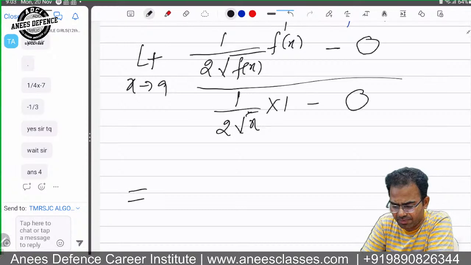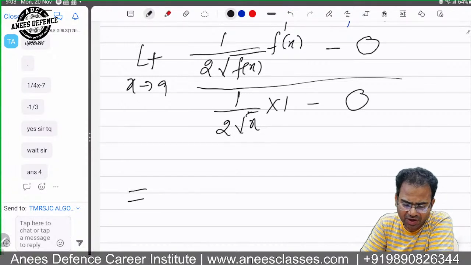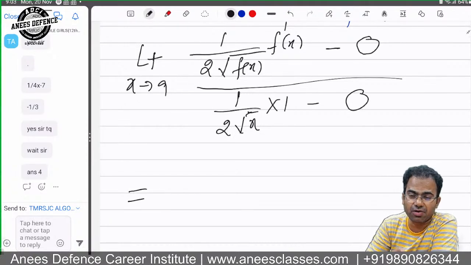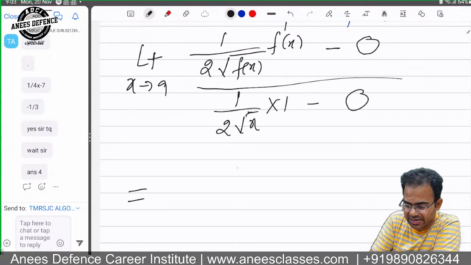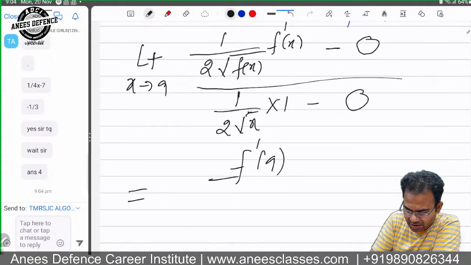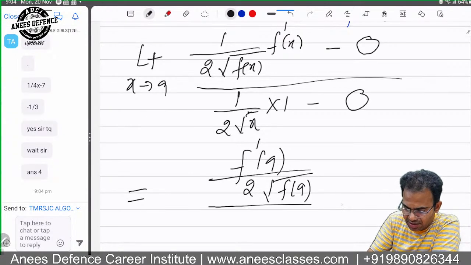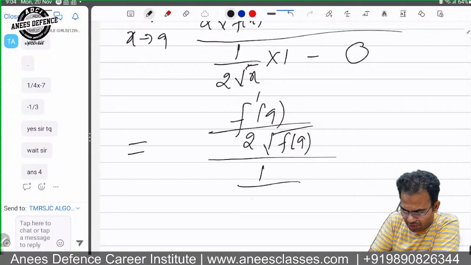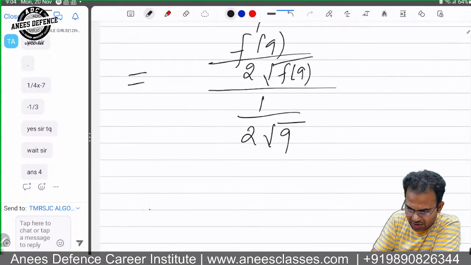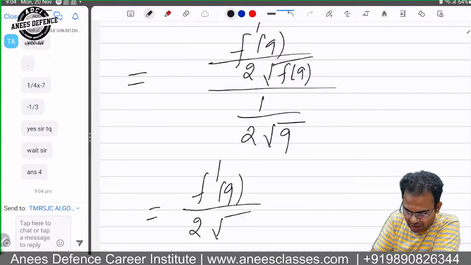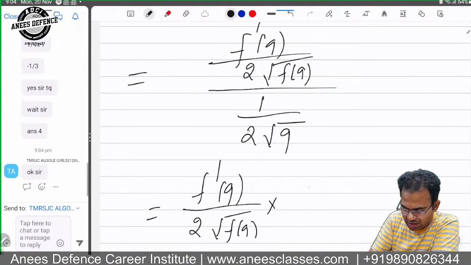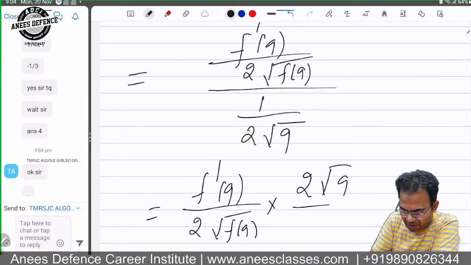So in place of x, I can exactly put 9. Okay. So we get f dash 9 upon 2 under root f of 9, divided by 1 upon 2 under root 9.